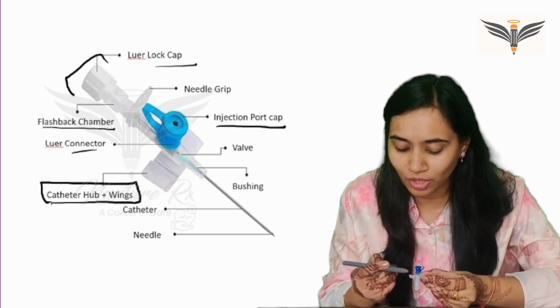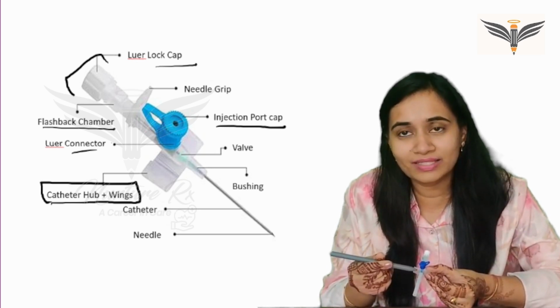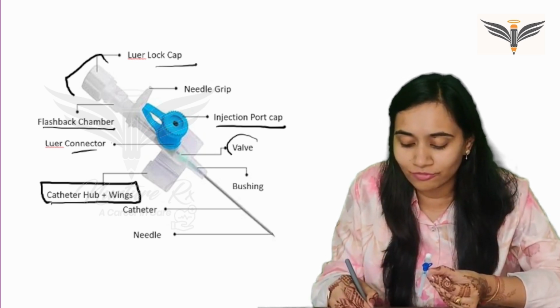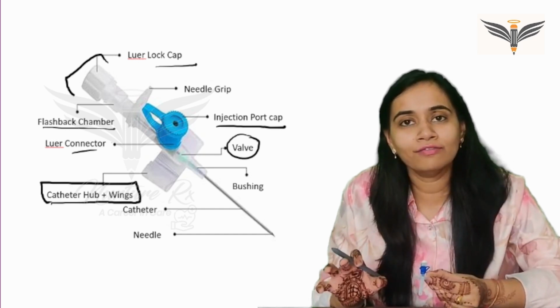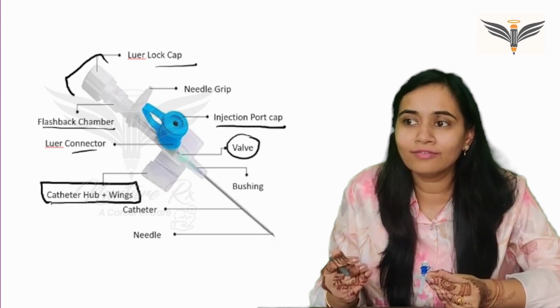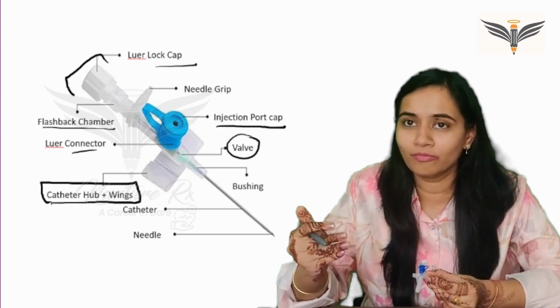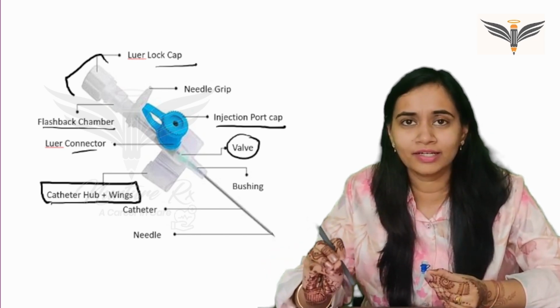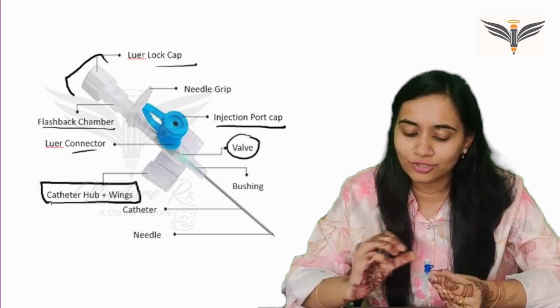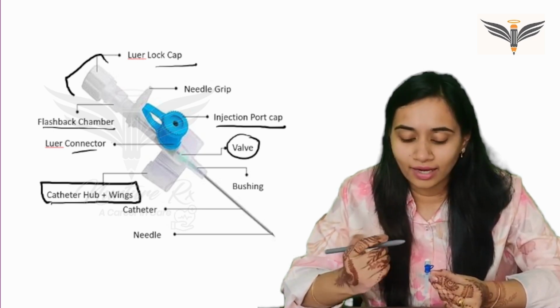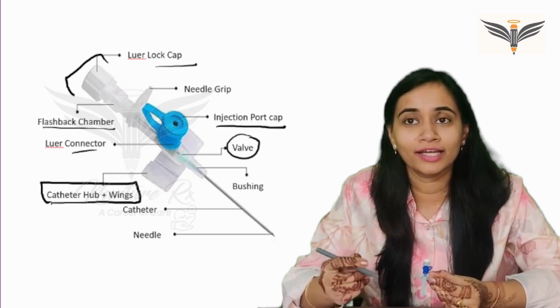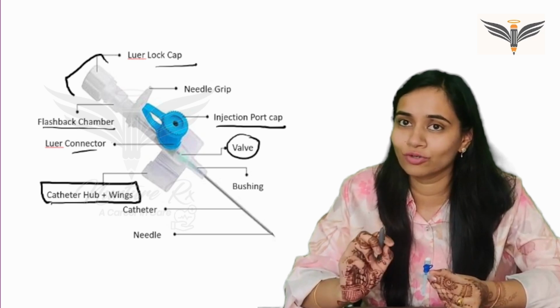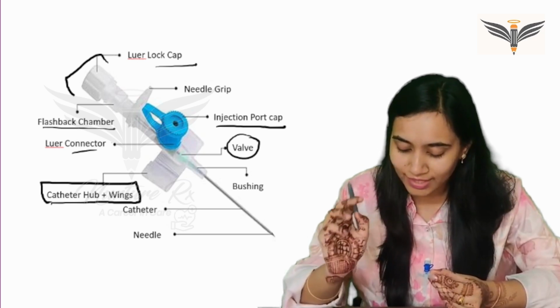Going further proximal is a very short space and it has a valve. What does a valve usually do? Your valve regulates the flow of fluid. Wherever a valve is present, it regulates the flow of fluid. So in this cannula also, whatever fluids are going inside or coming out, it regulates the flow of those fluids. Right?